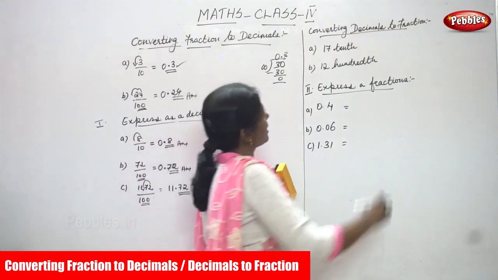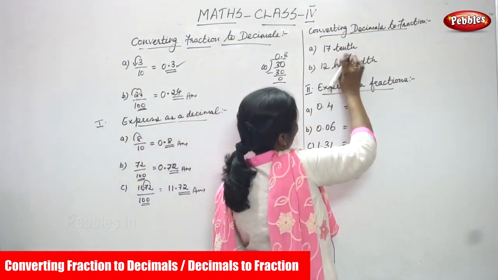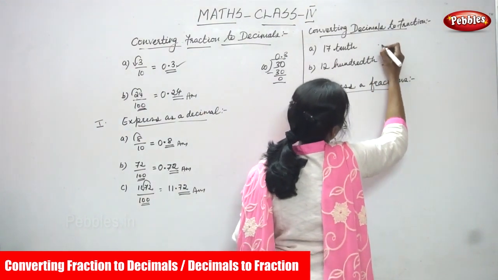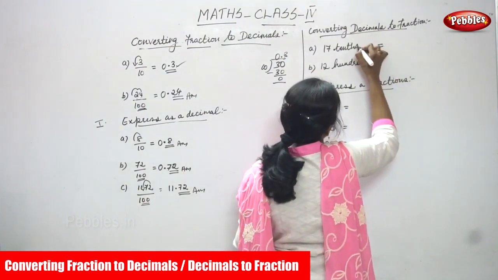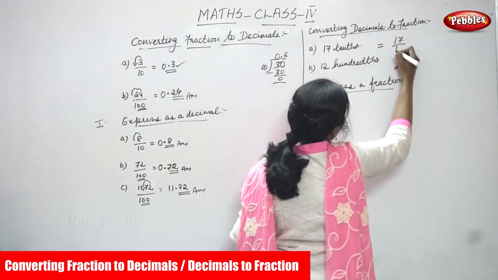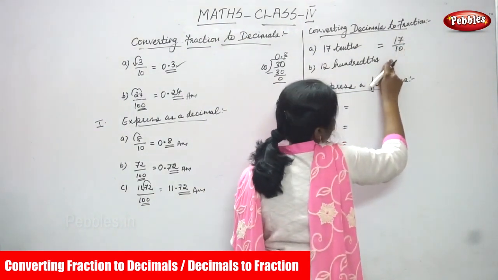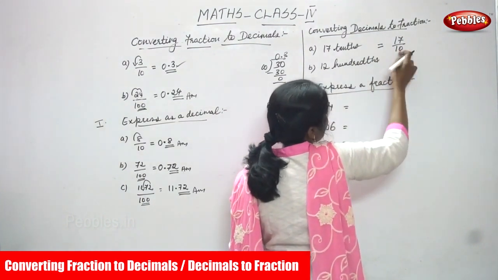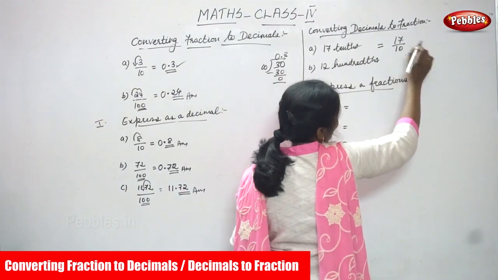The next is converting decimals to fractions. So 17 tenths. That means how are we going to write 17 tenths? Tenths means 17 divided by 10. If you want the decimal, you write 17 divided by 10, the answer is 1.7, you know that.